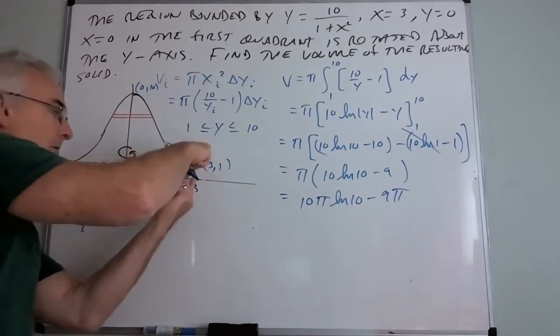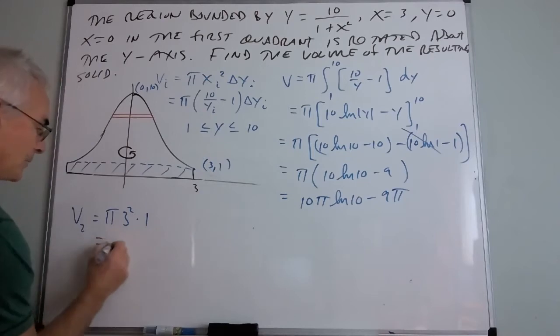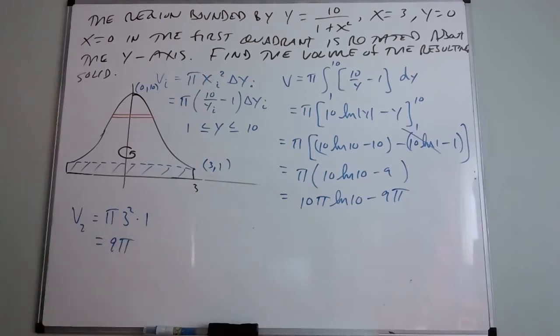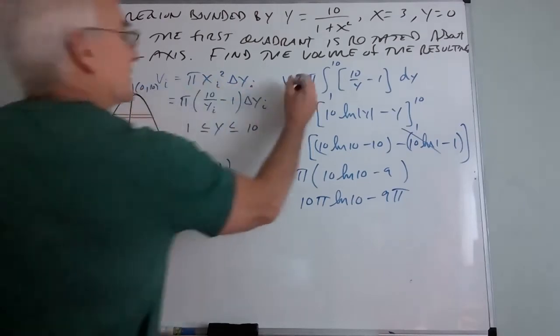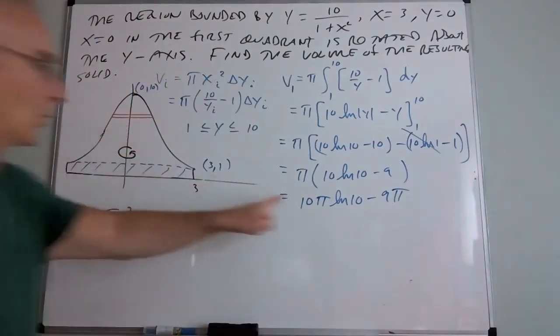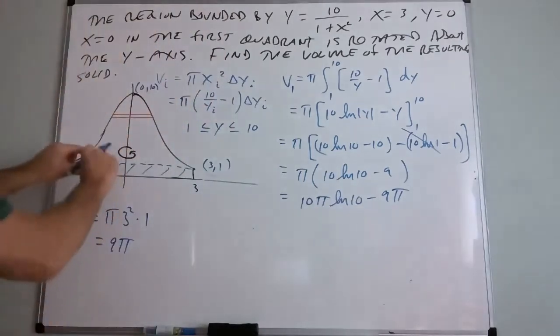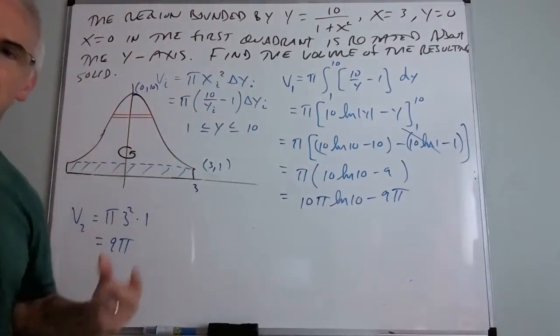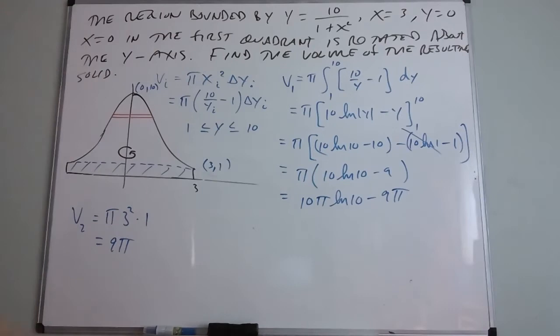What's the height? 1. And that would be 9 pi. So the volume, actually, let's call this volume 1. The volume of my bonbon was this. The volume of its thick, chocolatey, hard base, clearly that would be hard chocolate, that'd be soft, is 9 pi.